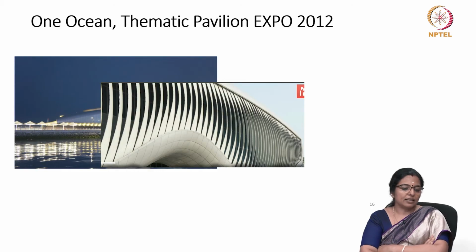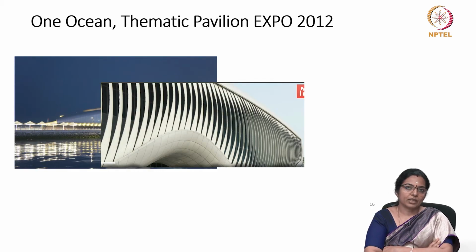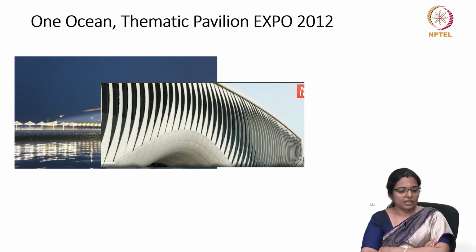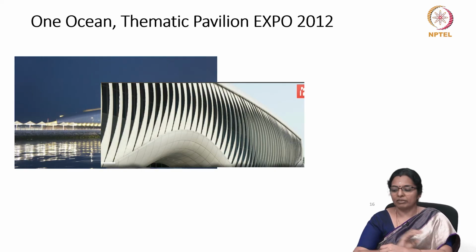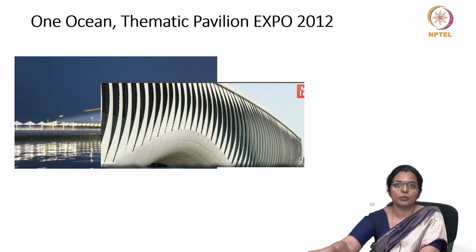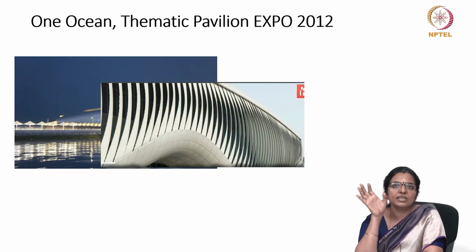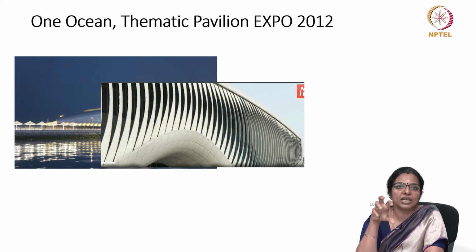Here we see the One Ocean. This class we will see One Ocean, which is a thematic pavilion at Expo 2012. It is very popular and known for its fish-like appearance, fish-like characteristics, which is created by a facade system which is extremely technologically advanced.